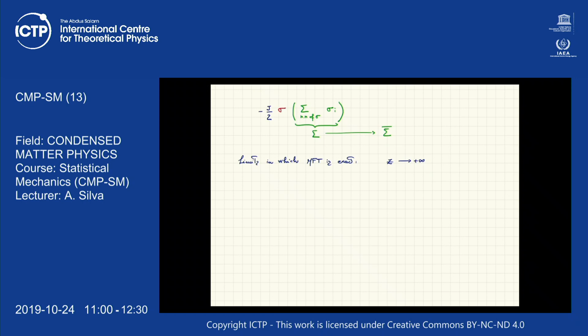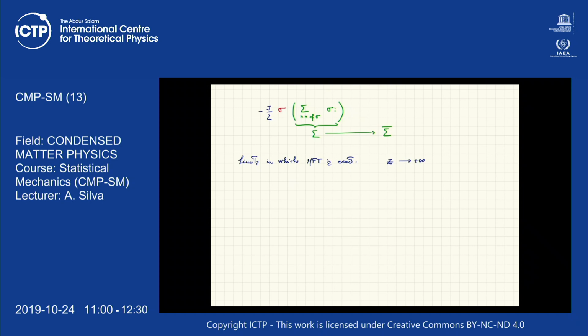Therefore, in the limit of very large dimensionality, which might not be really physical, but we will understand in a second why this is important, say 10 dimensions, we can suspect that mean field theory for the Ising model is going to be very, very good, okay?